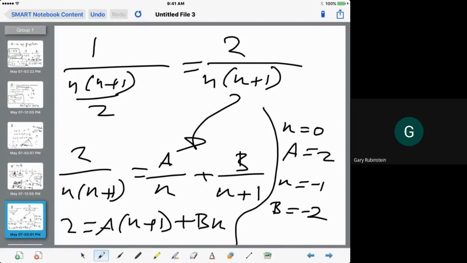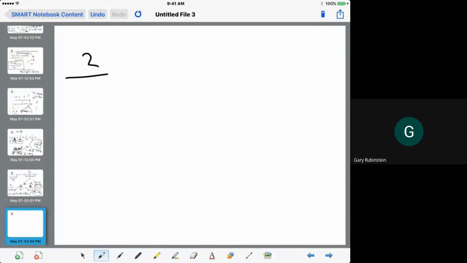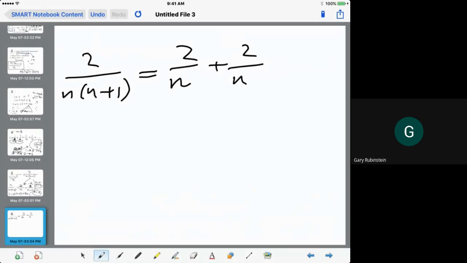There you go. So we ended up with 2 and -2. Well, what good is that? Well, if this identity is true, 2 over n times n plus 1 equals 2 over n minus 2 over n plus 1.